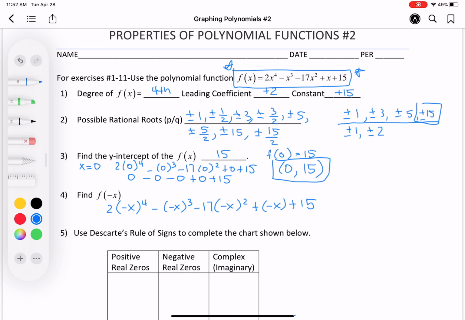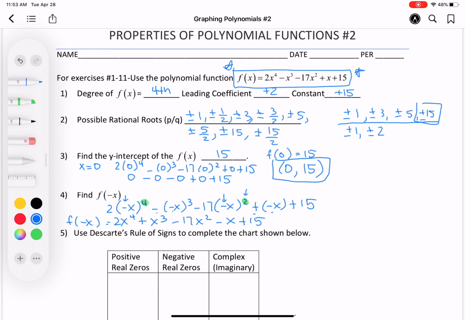So anytime we have an even power, it's going to give us a positive x. Okay, so this just turns out to be 2x to the 4th. Negative times a negative is a positive. Okay, this is because it's an even power, it's going to be a positive. So positive times a negative is a negative, and plus 15. So this is our f of negative x.